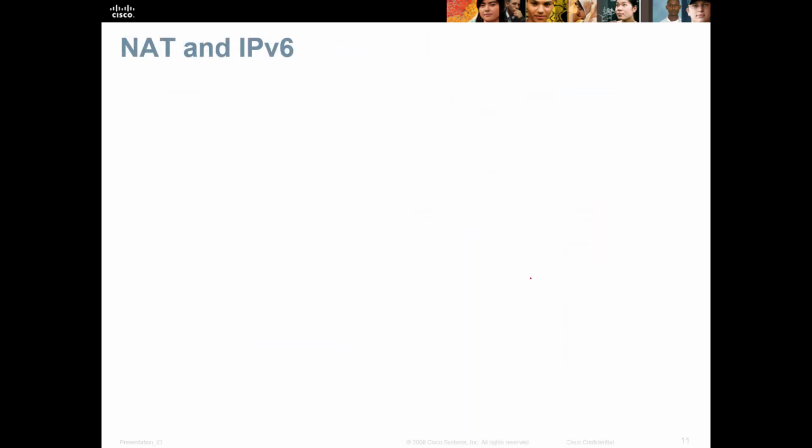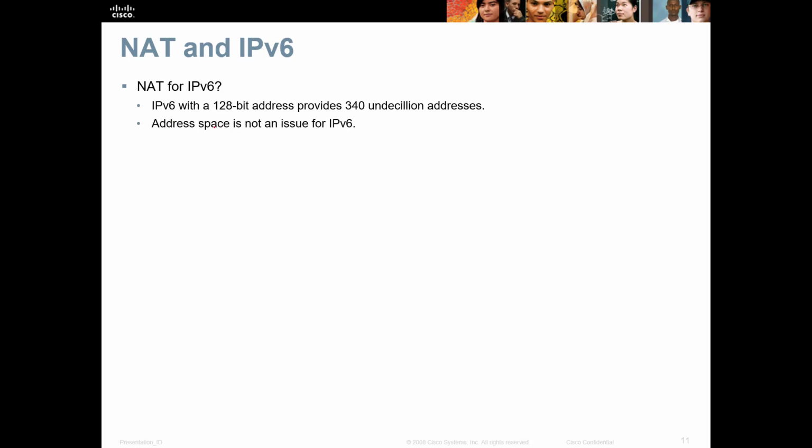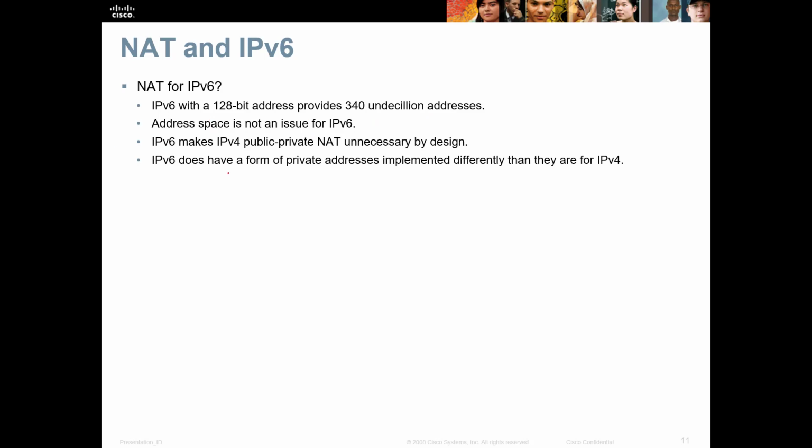One quick thing on NAT, you might ask about it versus IPv6. Do we even use it for IPv6? Because with IPv6, we've got zillions of addresses, so address space is not an issue. We don't need address translation in order to extend or enable more addresses or conserve addresses.